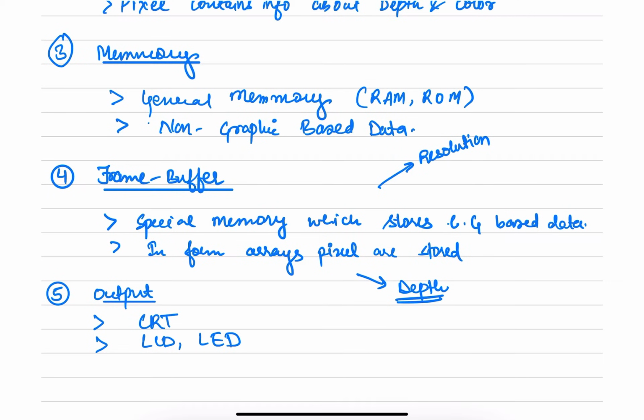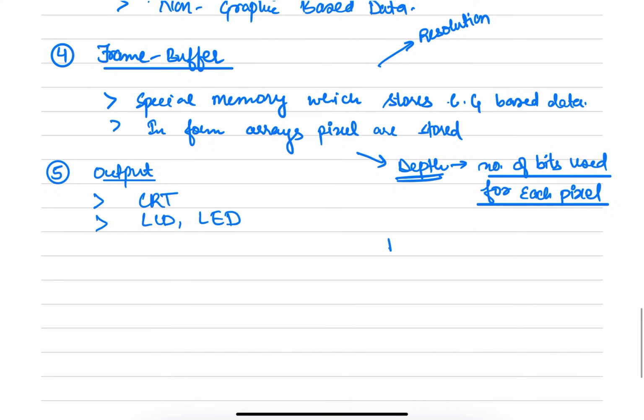This is nothing but the number of bits used for each pixel. And remember, we say a deep frame buffer because you will have many pixels formed, right?